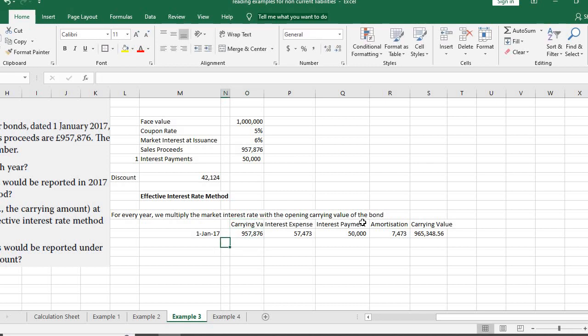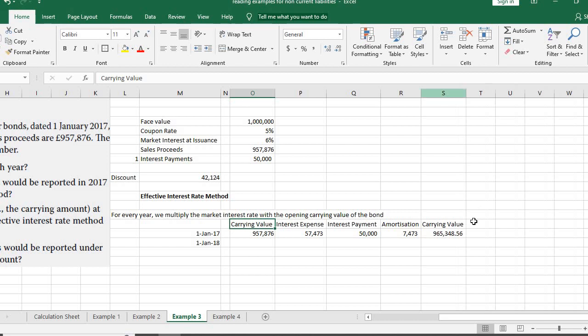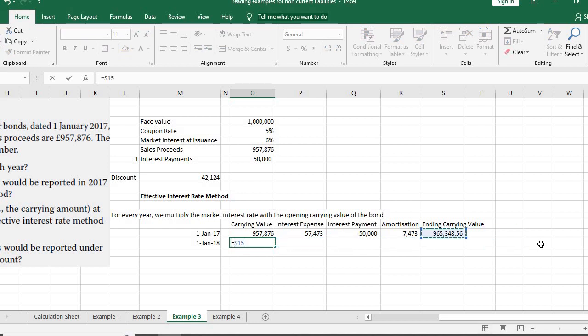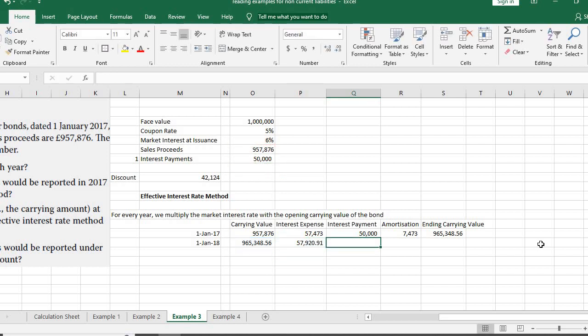So next year, 1st of January 2018. Now this is the opening carrying value. The opening carrying value is going to be the same as the closing from the previous year. The interest expense is going to be the opening carrying value times the market interest rate at issuance.